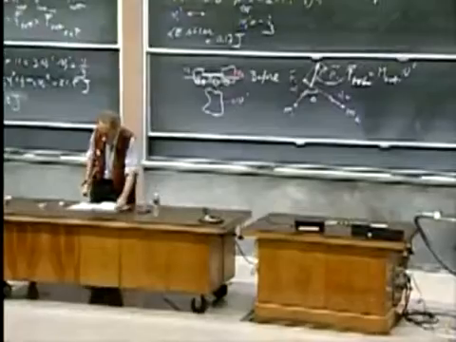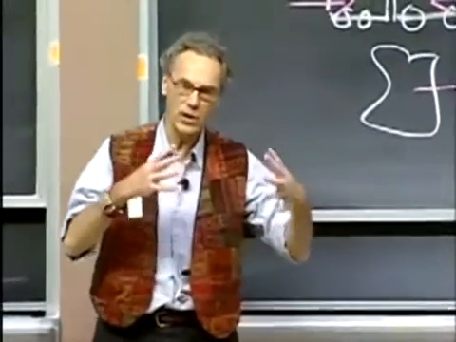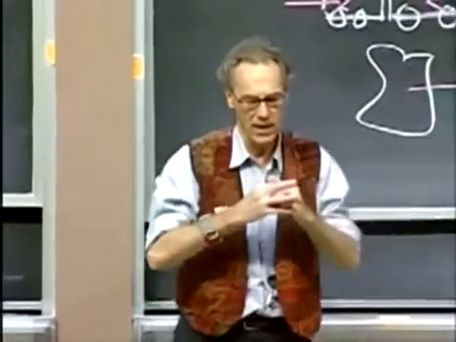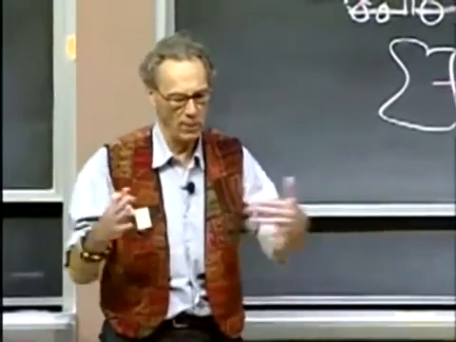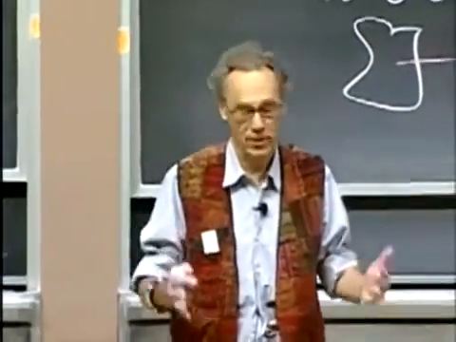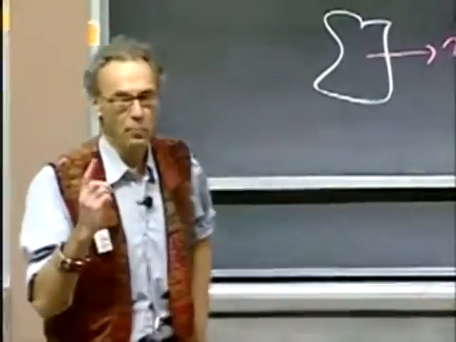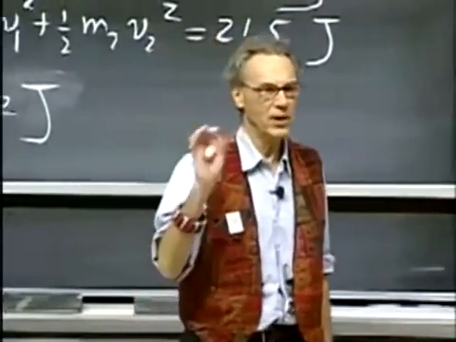Now, in all these cases, the objects stuck together. We've only considered cases where they stick together, in which case we call those in physics completely inelastic collisions. Next lecture, I will also deal with situations whereby, during the collision, the particles bounce off each other. In completely inelastic collisions, you always lose kinetic energy.